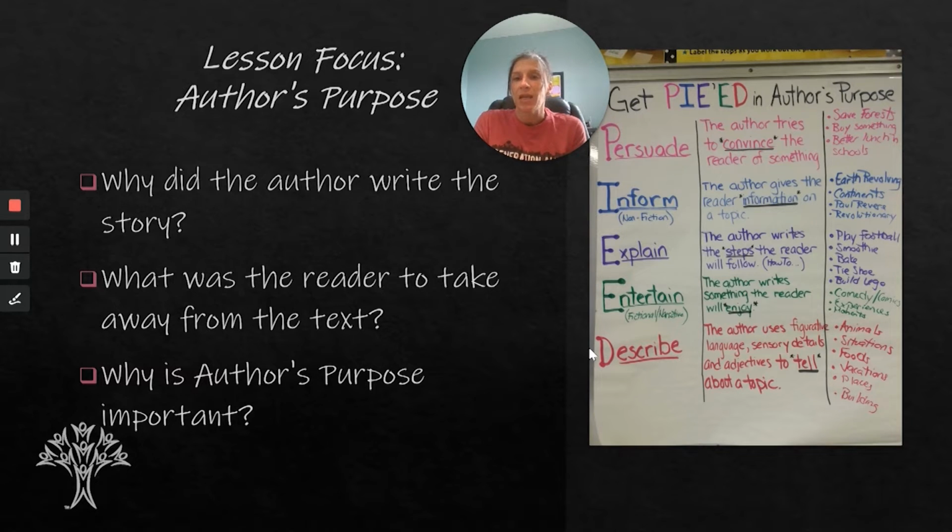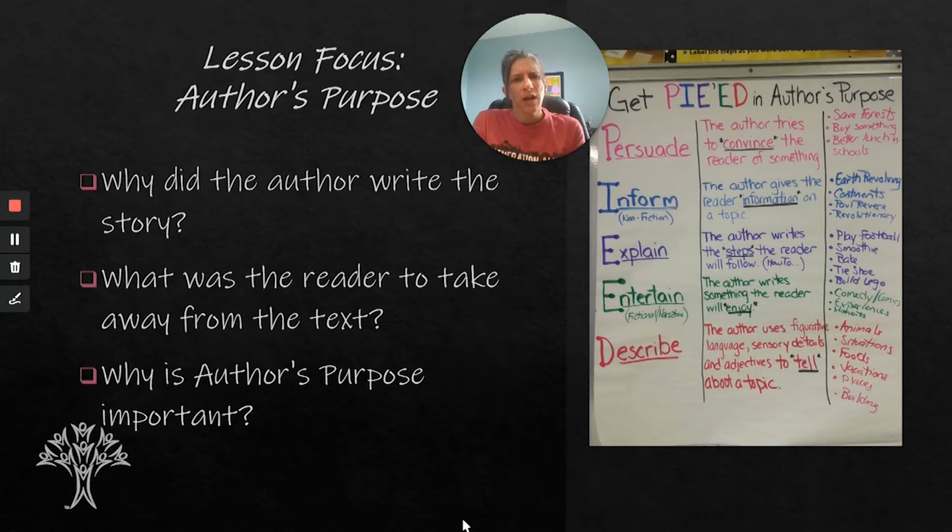Maybe it was to entertain. A lot of our enjoyable reads are just for entertainment purposes. It's not to get us to think about anything. And finally, describe, where the author uses a lot of sensory details and figurative language to tell us about a topic in great detail.